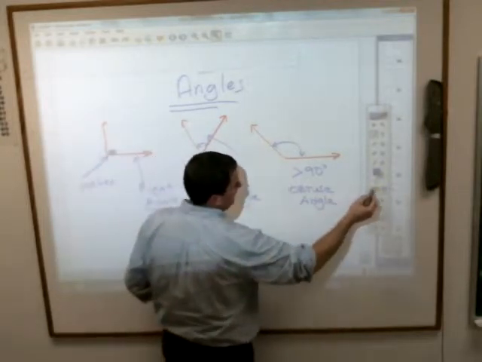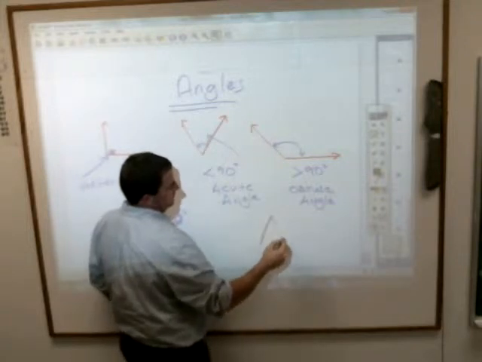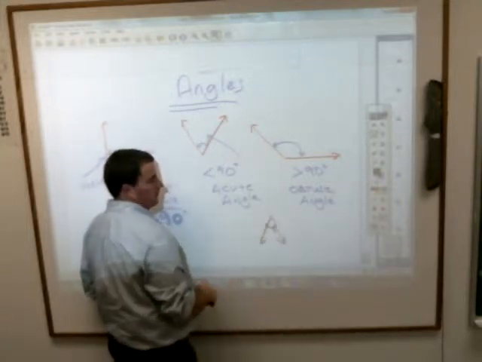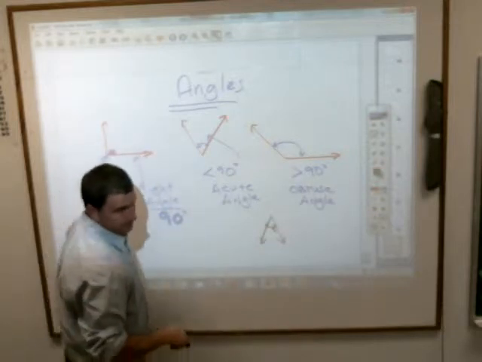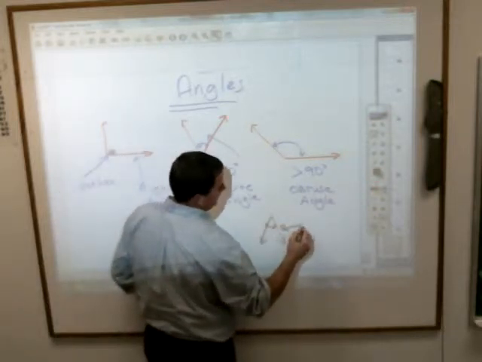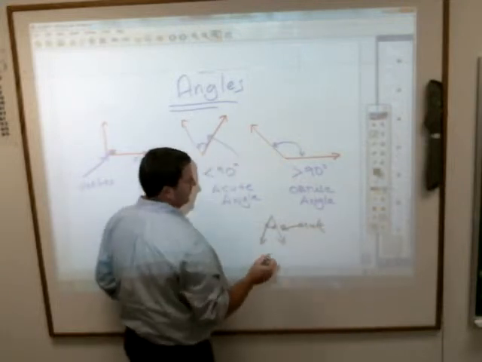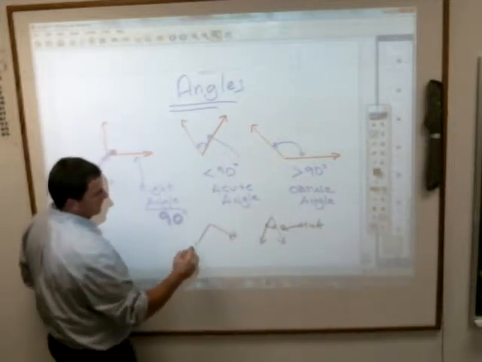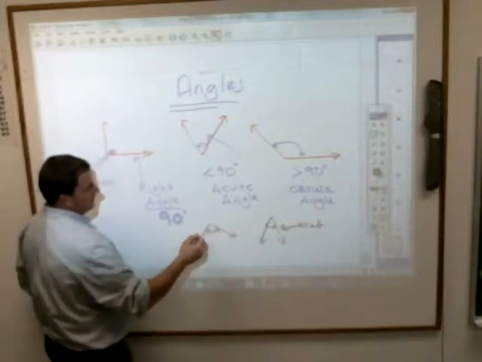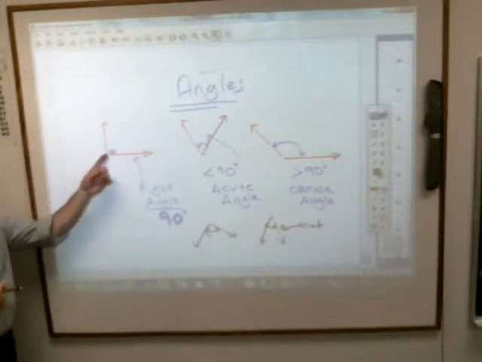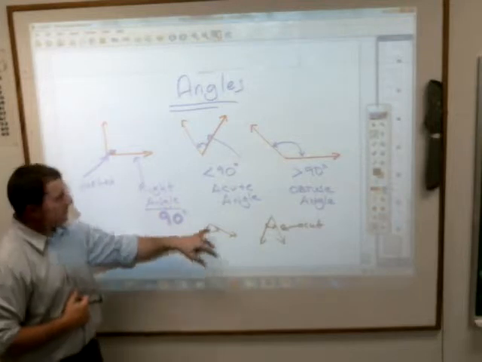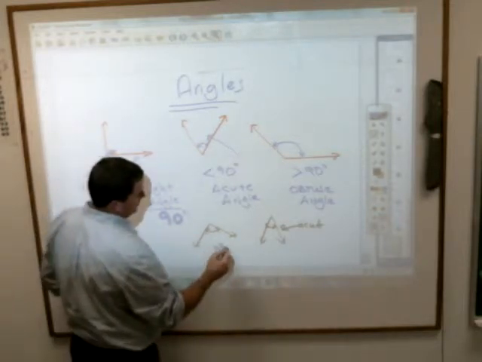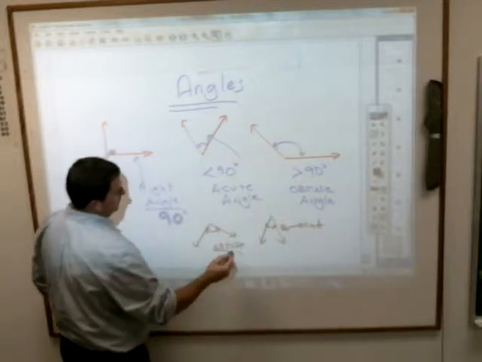If I draw an angle that looks like this, you always look at the little space between the two rays. What type of angle would that be? Alexa? Very good. Or if it's upside down and looks like this, what type of angle is that? The gauge is always your square corner. If it is something that is wider than a square corner, Brian, it's going to be obtuse. Okay.